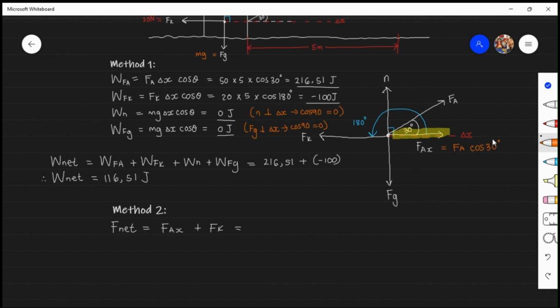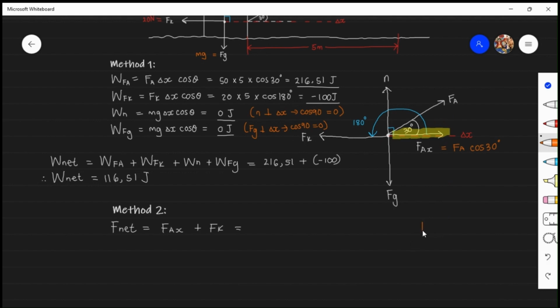Now the reason we're going to use cos of 30 degrees is because FAX is adjacent to theta, or adjacent to this 30-degree angle. Whereas if we are calculating for FAY, which would have been the opposite side, which would have looked like this, we would have used sine.